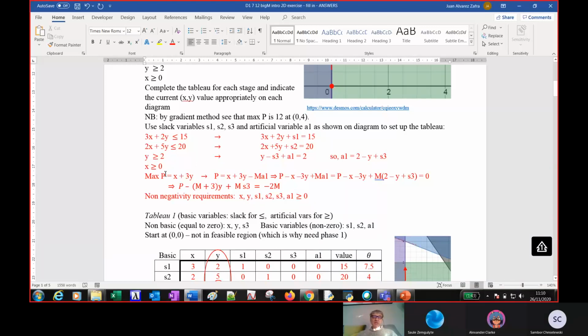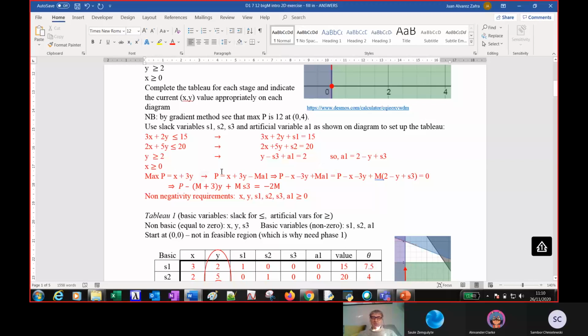So now if we look at the objective function equals x plus 3y, in the big M method, to save us having to have the I row, we're going to manipulate the objective function. So we're going to subtract big M times each of the artificial variables. So we're going to have the objective function minus M times a1, minus M times a2 if there were an a2, minus M times a3 if there were an a3, and so on.